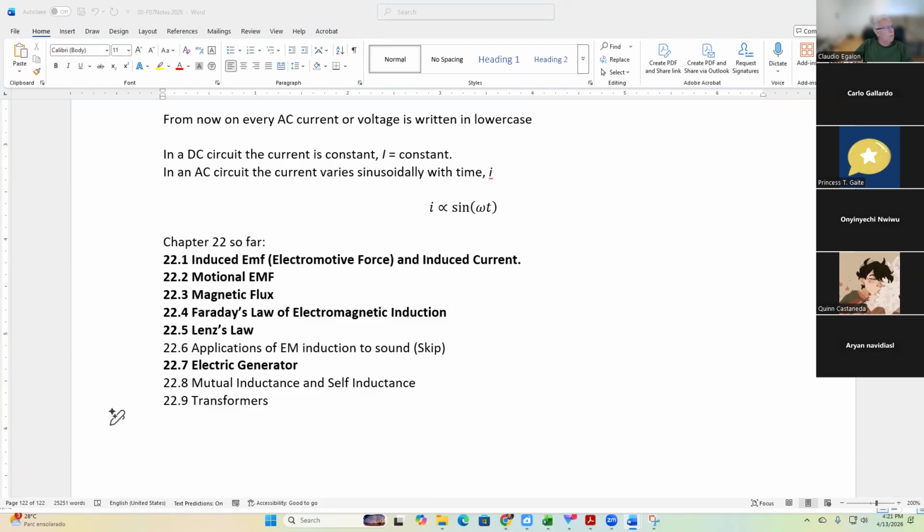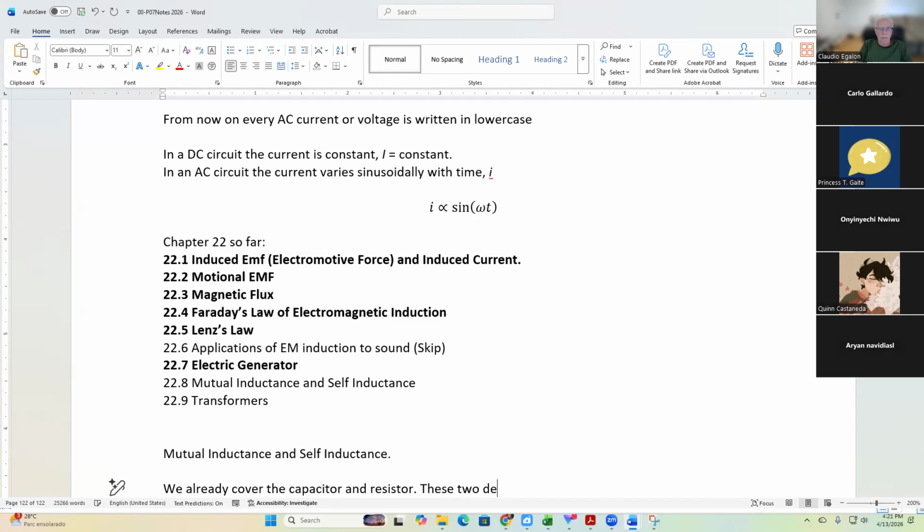Now we're going to talk about mutual inductance and self-inductance. Remember that we already covered the capacitor and resistor, right?